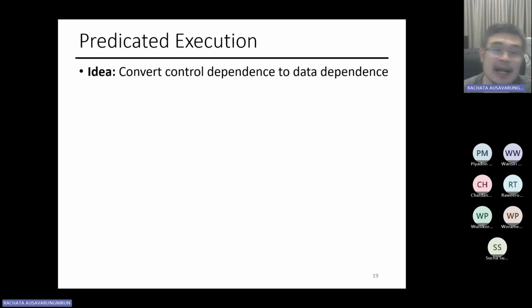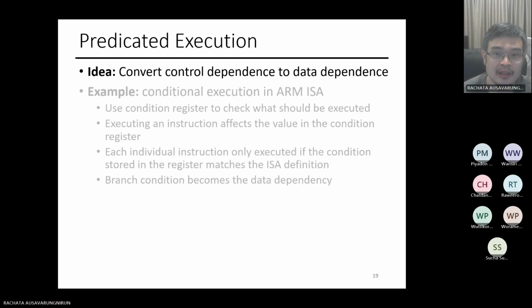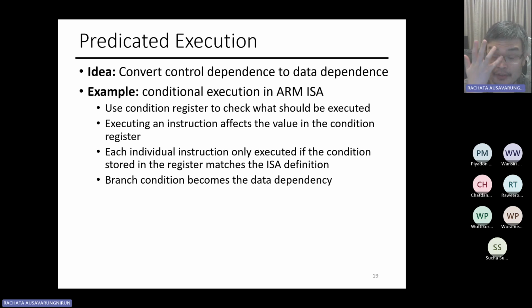So the idea is we would convert control dependence into data dependence. One example is used aggressively in the ARM ISA. I can use the condition register to check what should be executed. And you execute the instruction only if the condition becomes true. Otherwise, you don't run that instruction.